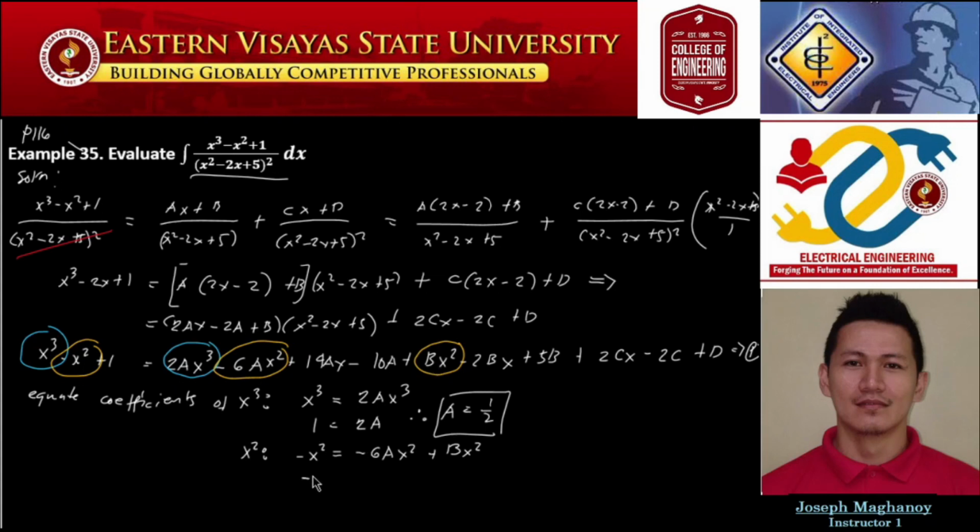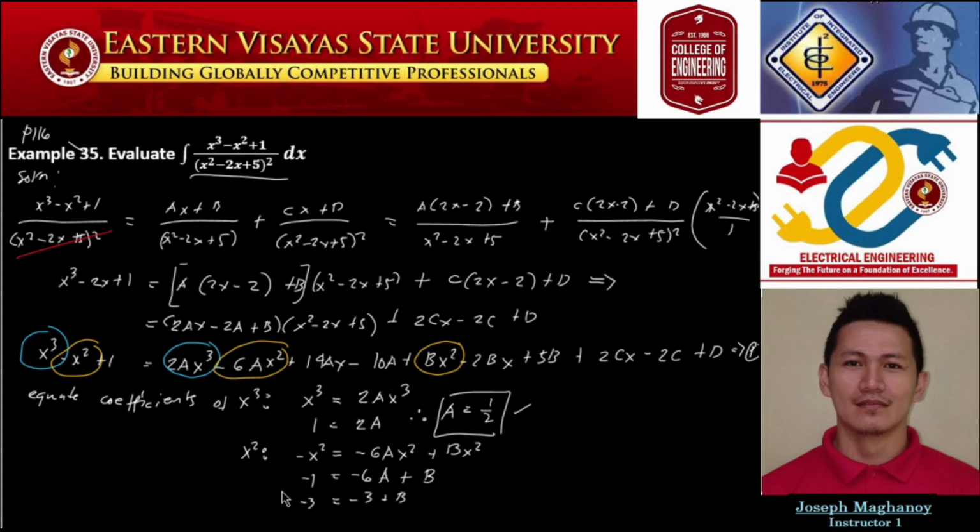So remove all the squares. You have negative 1 equals negative 6a plus b. But we already determined a, which is 1/2. So 6 times 1/2 would be negative 3, plus b.